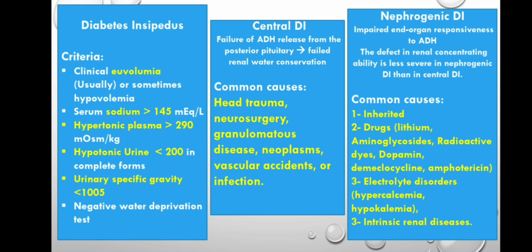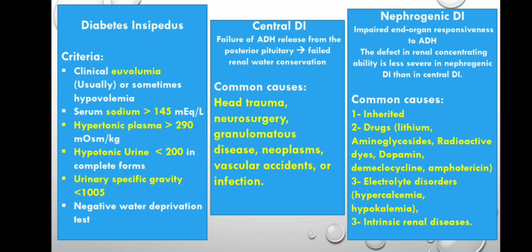What is the common cause of nephrogenic DI? It may be inherited, drug-induced, electrolyte imbalance, and some intrinsic renal disease. The most important are drugs and electrolyte disorders.